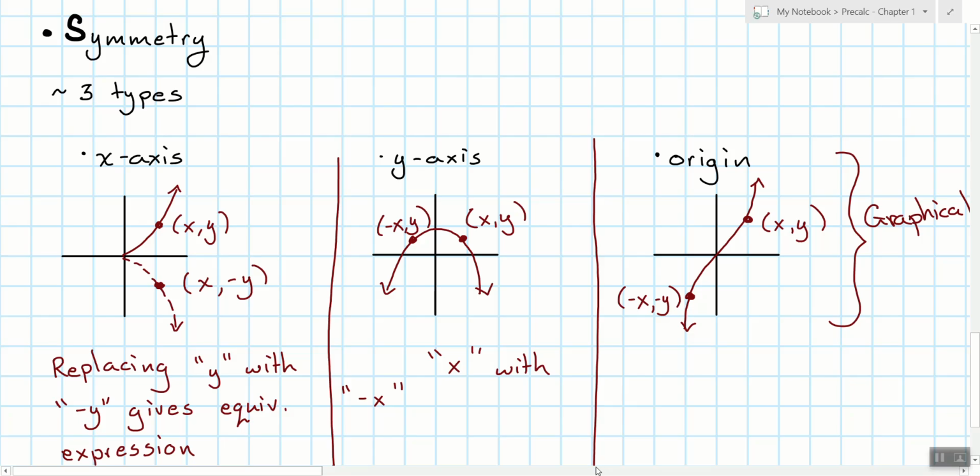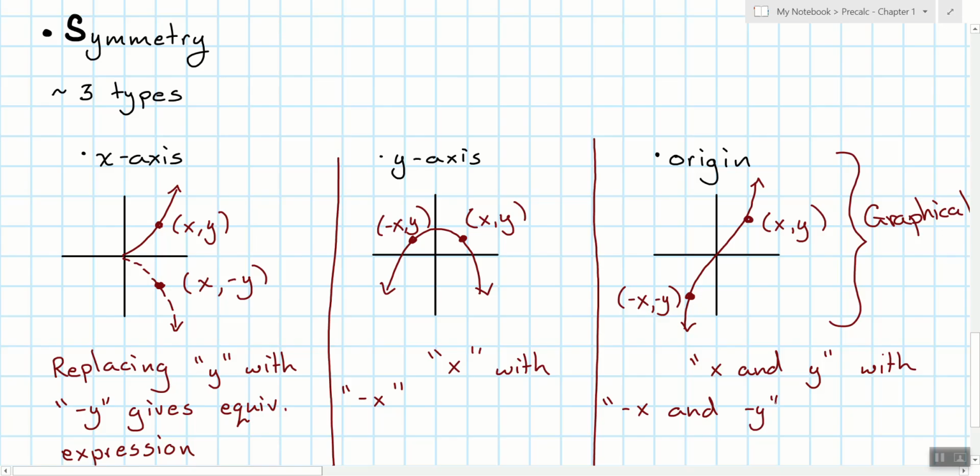What about this last one? Looks like I replace x with what? And y with, good. So we get an equivalent expression if we replace x and y with negative x and negative y. And if we do that, we get an equivalent expression.